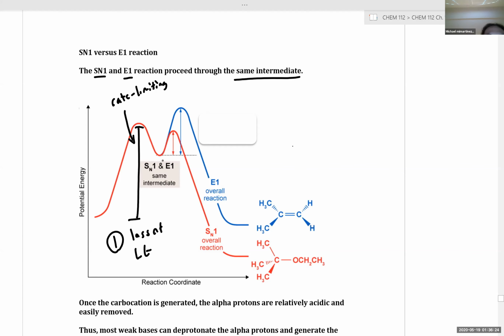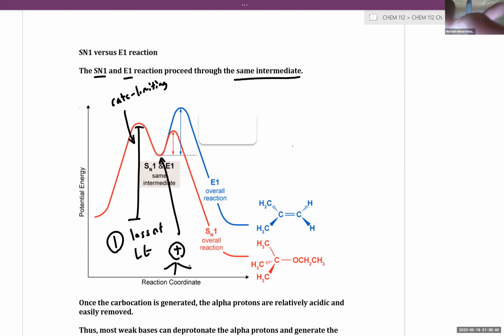Once you have your carbocation intermediate, that intermediate can react through multiple different pathways, either substitution or elimination.